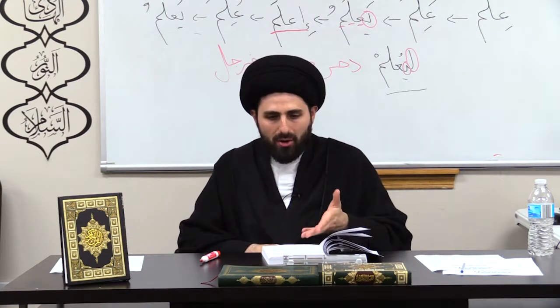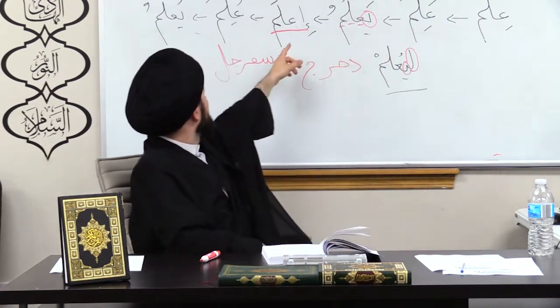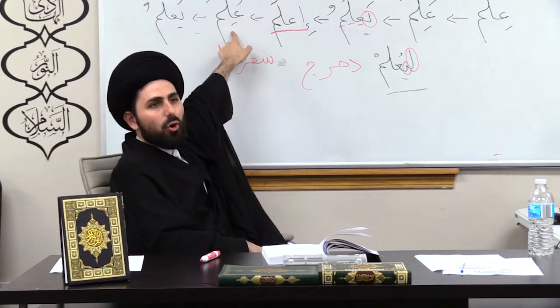But we call it na'ib fa'il. It's a pro-subject, or as the author calls it, a proxy subject. We studied this in Arabic grammar. It's the fi'l that is majhul. Like, which one? Ulima. It was known.